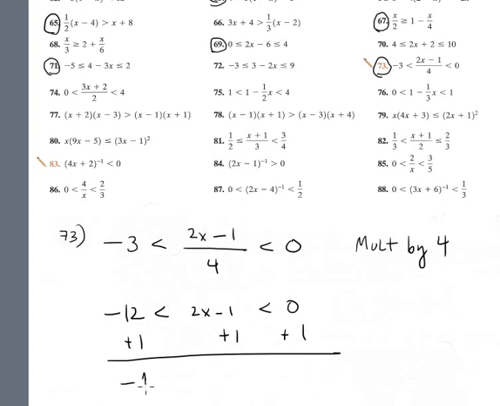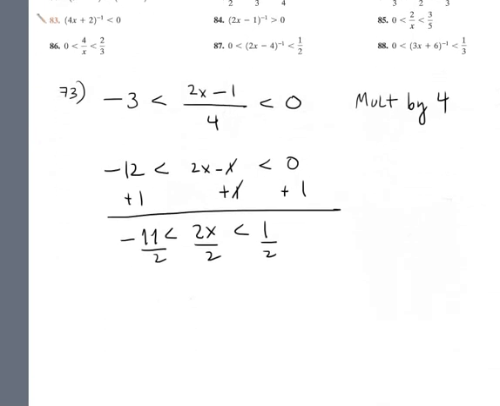It's negative 11 less than 2x, cancels out this part, less than 1. Divided by 2, divided by 2, divided by 2. The answer is negative 11 over 2 less than x less than 1/2.